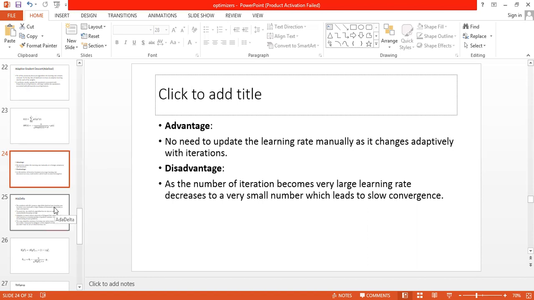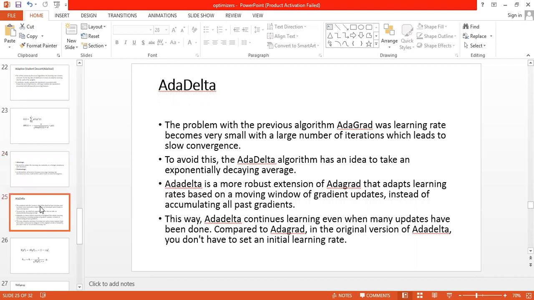So to overcome this problem, we are using Adadelta. In Adadelta we are also working on the learning rate, and more robustness happens here. This is the extension of Adagrad, and here we are fixing the learning rate at a very minimum level.